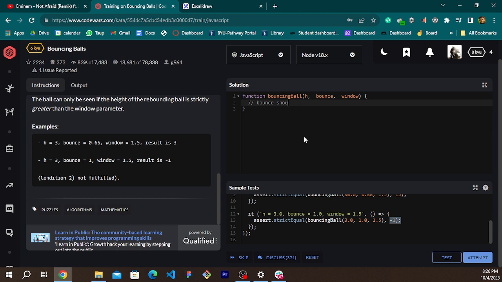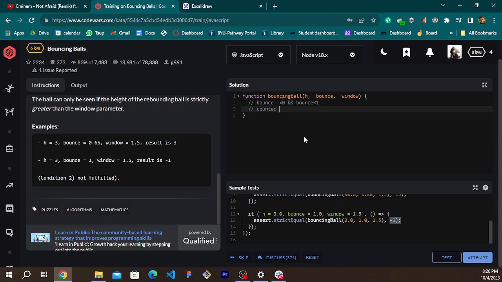Bounce should always be greater than 0 and should always be less than 1, right? This is the first thing to consider. So it should be between 0 and 1. The second thing is we need a counter.